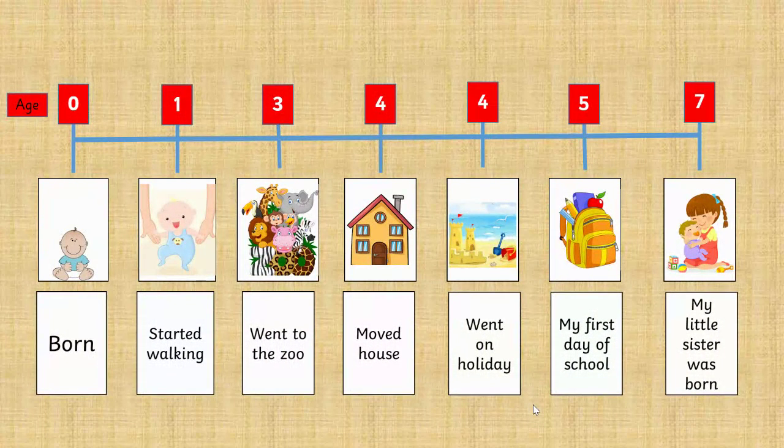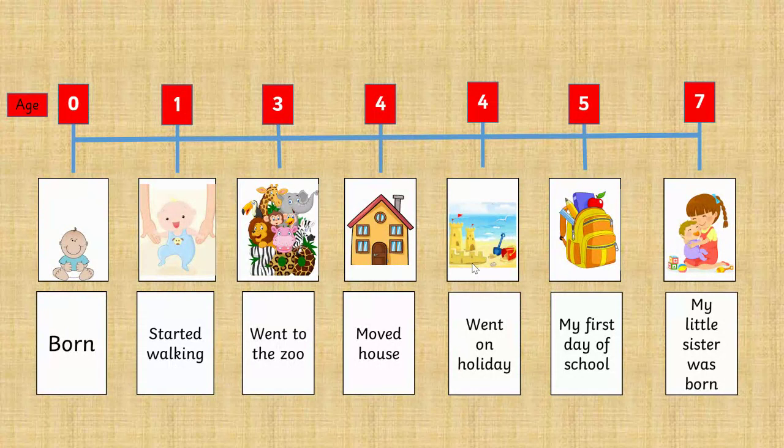Now I've filled in some more things here. I've also put my pictures back in because you could use pictures and words. And in the red boxes at the top, I've actually put some numbers, and those numbers are the age that it all happened.